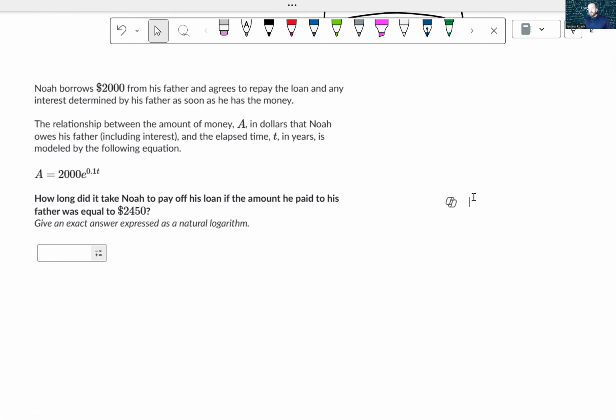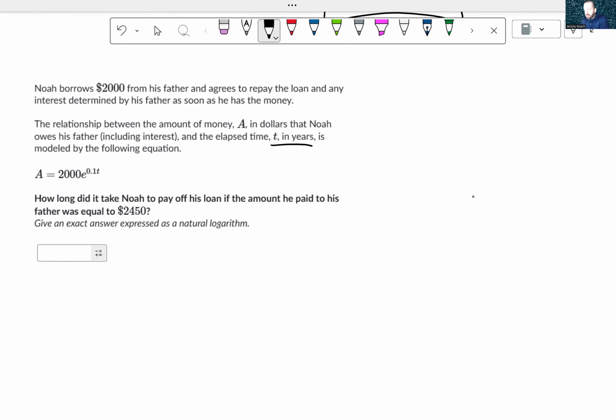And so the total amount that Noah paid his father back was $2,450. So he paid his father back 450 extra dollars because it took him some time to pay him back. But that's not quite what the question's asking. The question's asking us to find how much time did it take in years for him to pay back all that money.